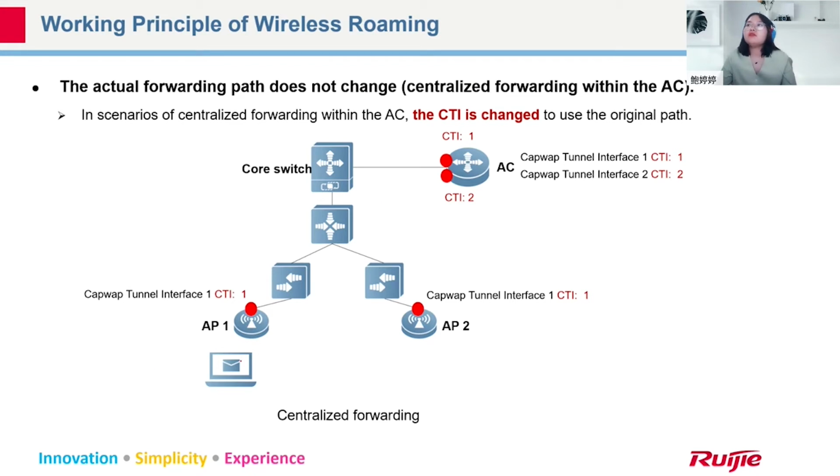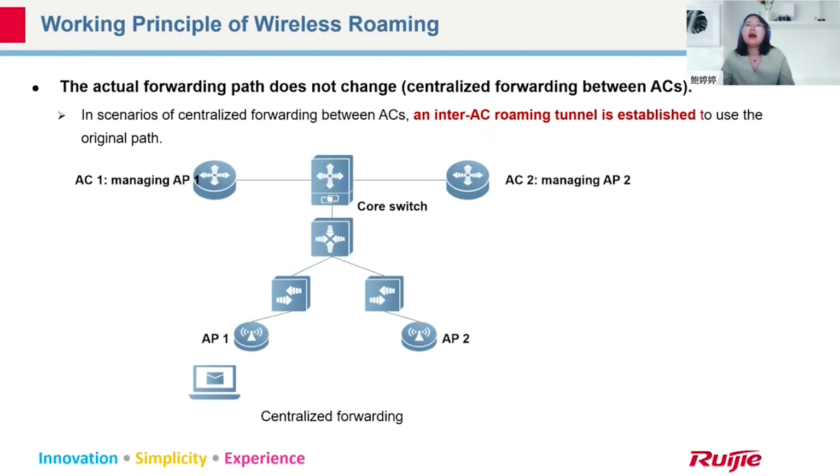If the user wants to send out the message, the data will be sent out directly, passing through the AP to the AC, and then to the destination. And once the user roams, the message will be sent to AP2 and then to the AC, and the AC will help us forward the message. And if we connect with a different AC, this is the inter-AC roaming.